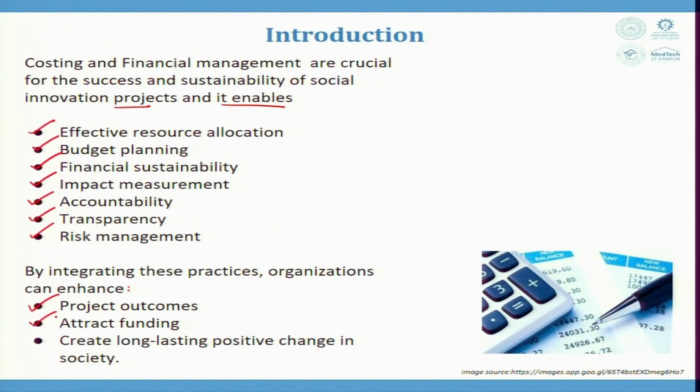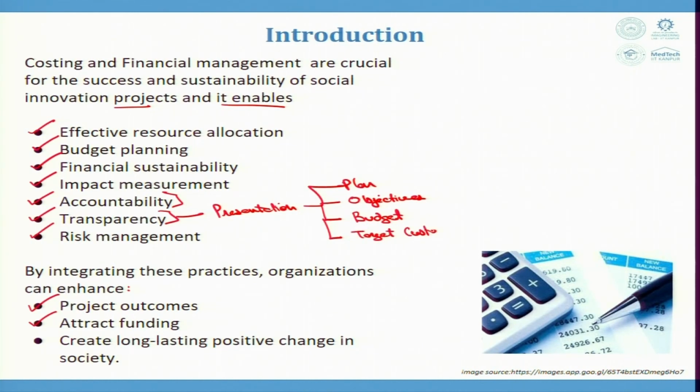Then more funding could be attracted, because if you have proper accountability and transparency, if you have a proper presentation of your plan, your objectives, your budget, which is the focus of this lecture, and your target customers, then you have more chances of people who could be willing to give you funds, so that you are able to enhance your product further.